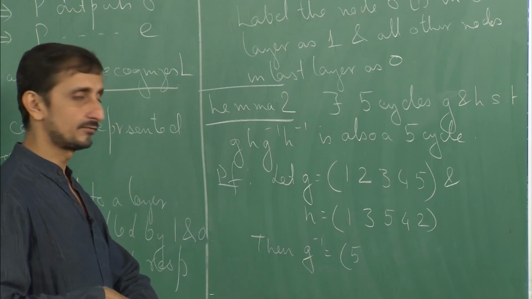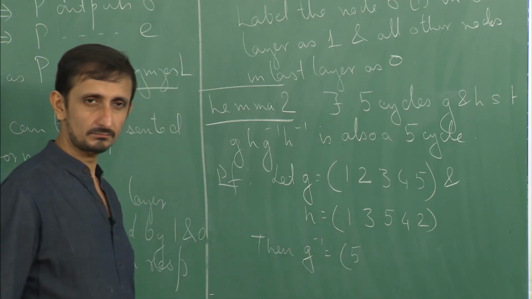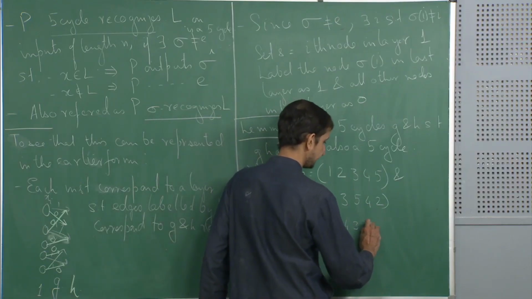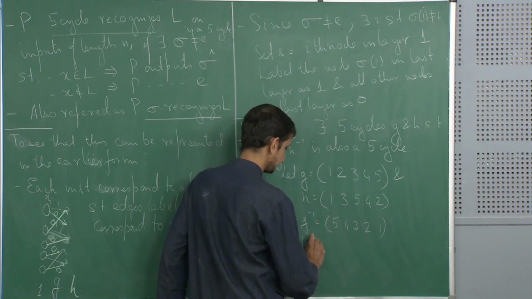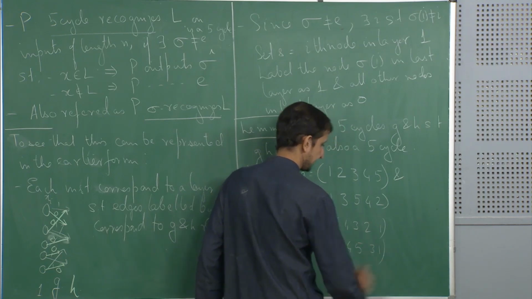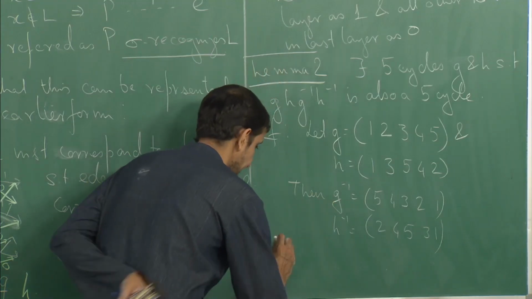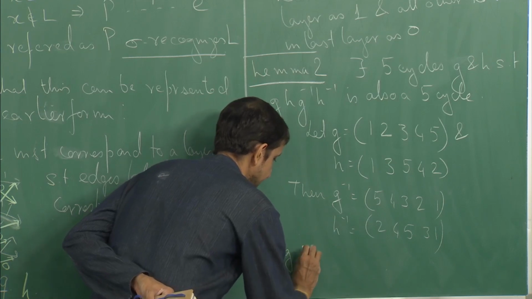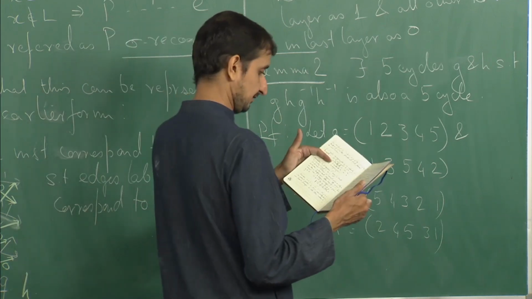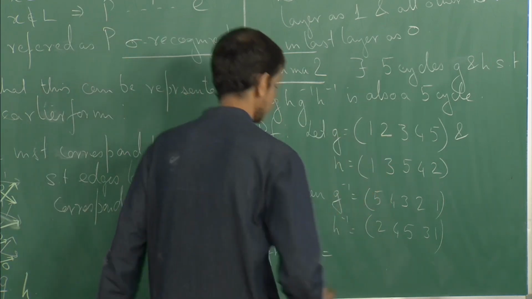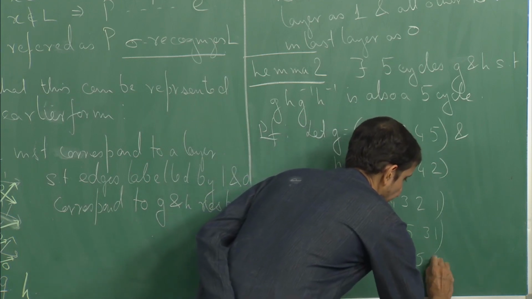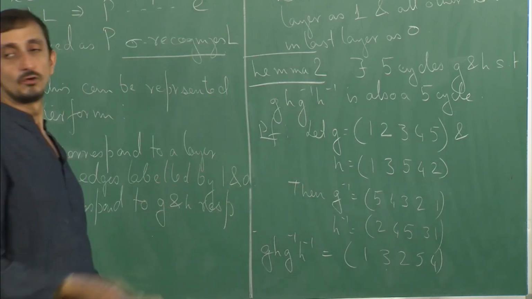So, what is the inverse of G? 5 will go to 4, 4 goes to 3, 3 to 2, 2 to 1, and similarly H inverse would be 2, 4, 5, 3, and 1. And now we can check what G, H, G inverse and H inverse is, and this turns out to be, you can calculate it, 1, 3, 2, 5, 4.